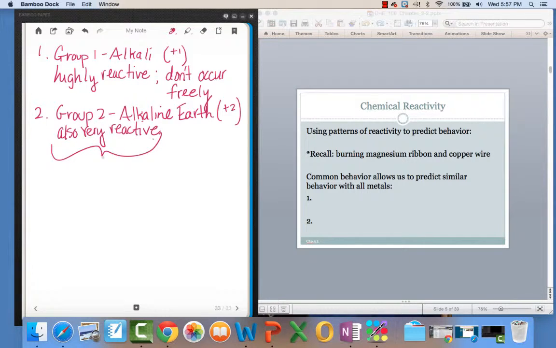All of these, group 1 and group 2, are malleable, meaning bendable. Ductile, meaning they can be drawn into a thin wire, and good conductors of heat and electricity.